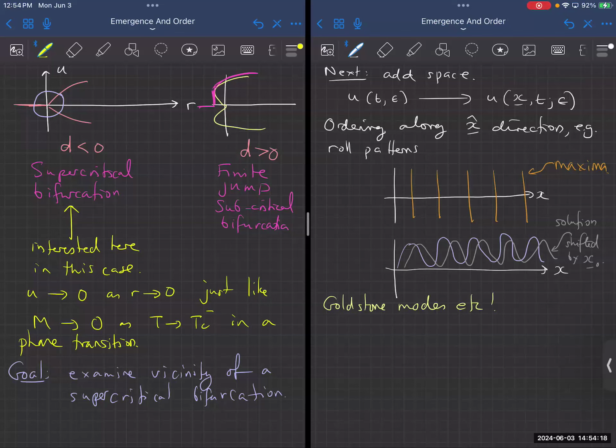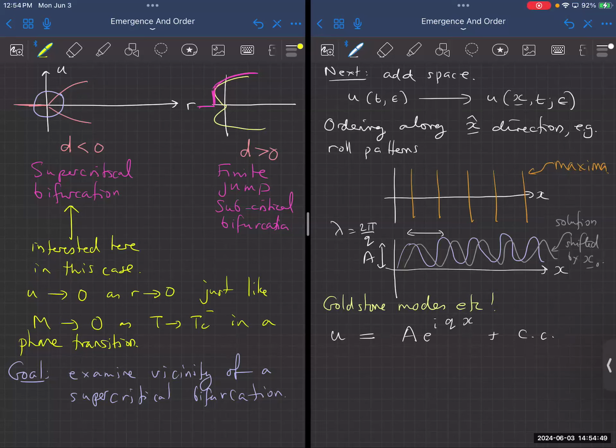We could describe the u variable, the pattern, as proportional to A e to the i q x plus its complex conjugate. This would be the lambda, and lambda is 2 pi over the wave number q. So that would be how we describe the system.